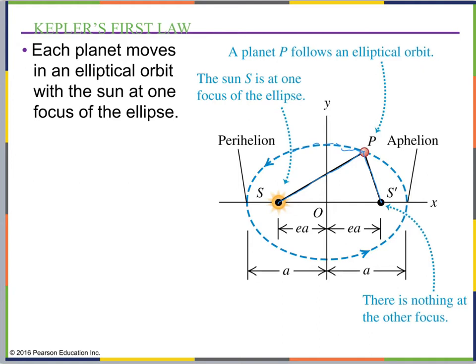And that made figuring this out extra difficult. In any case, the first law basically says they do travel in elliptical orbits. The sun is at one of the focal points, and that's the first law.